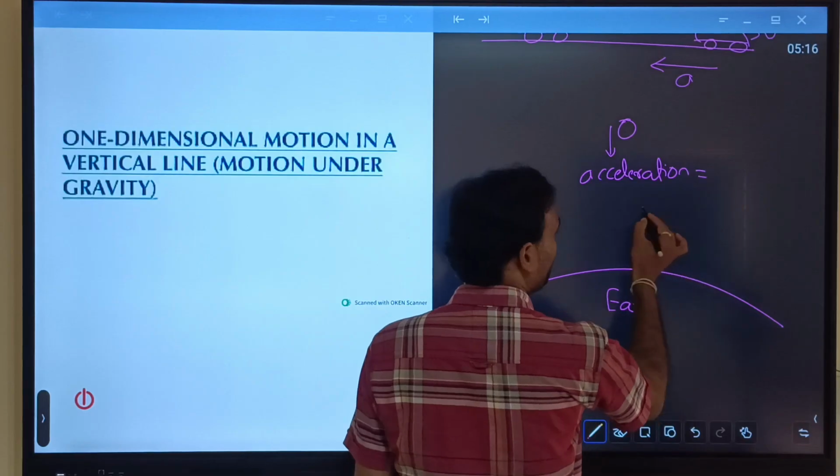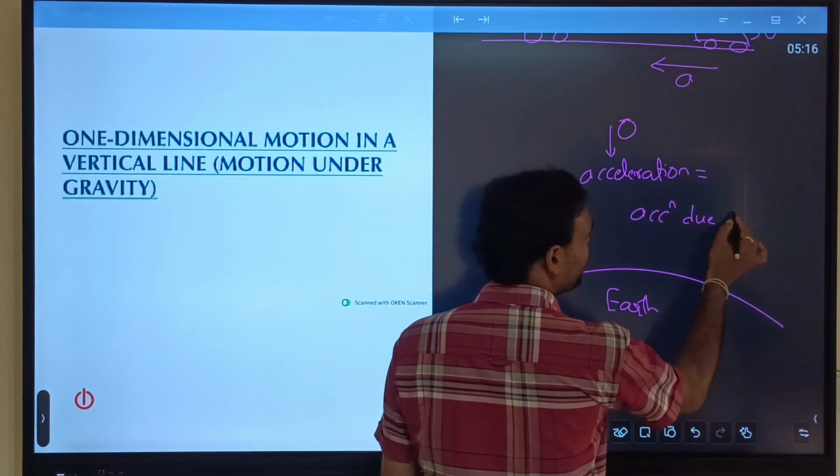That acceleration is known as acceleration due to gravity.